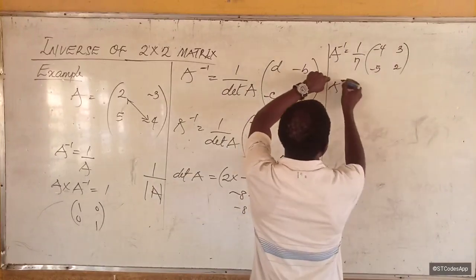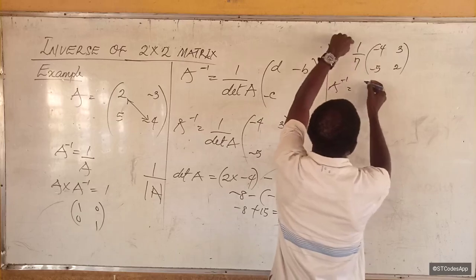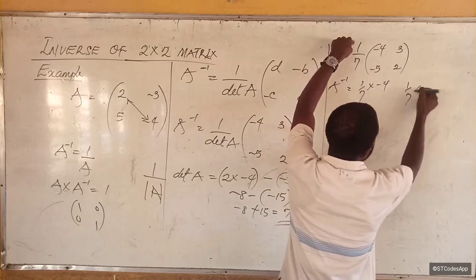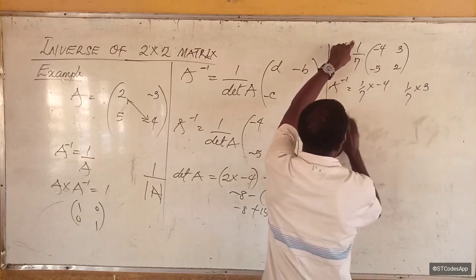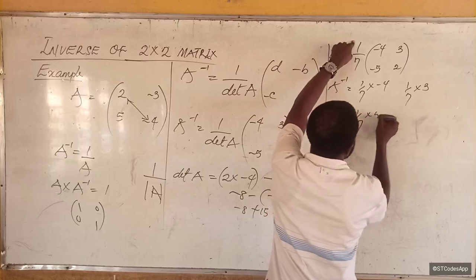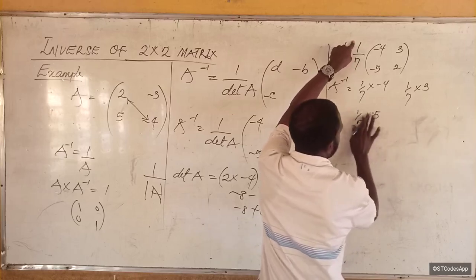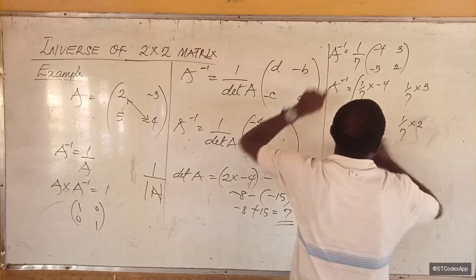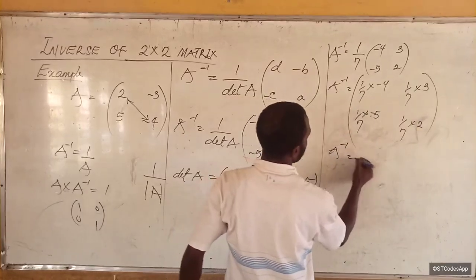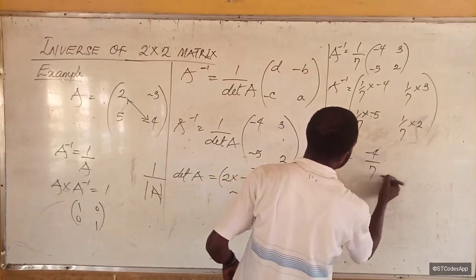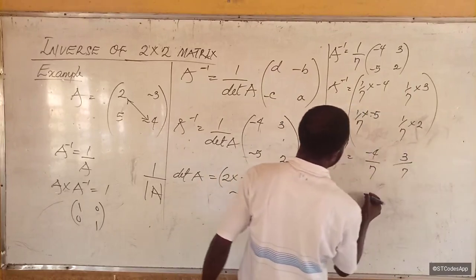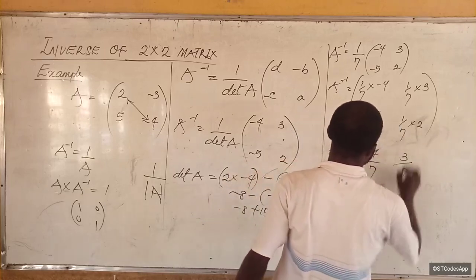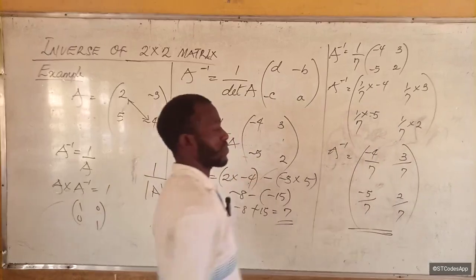A inverse will now become 1 over 7 times minus 4, 1 over 7 times 3, 1 over 7 times minus 5, and 1 over 7 times 2. So our A inverse becomes minus 4 over 7, 3 over 7, minus 5 over 7, and 2 over 7. And that is the inverse of that matrix.